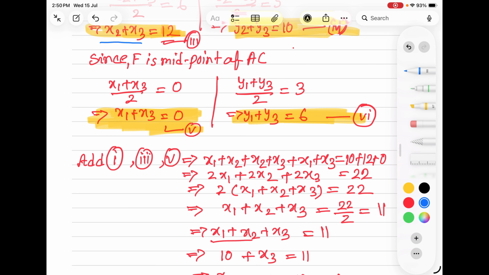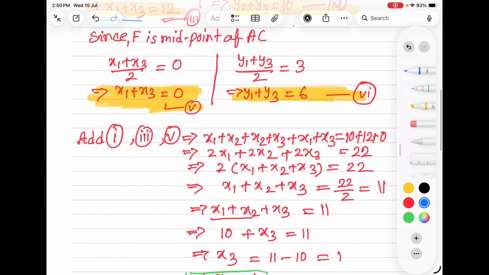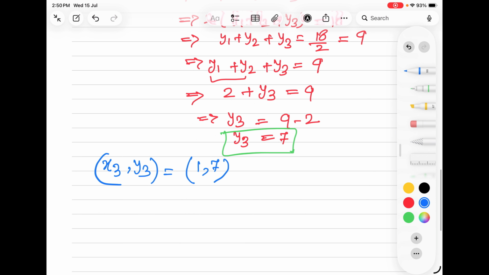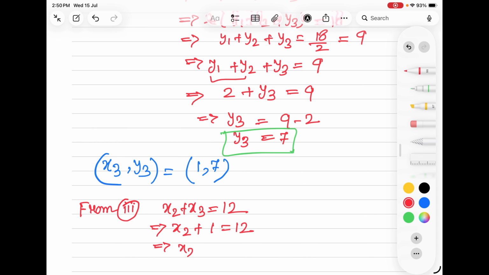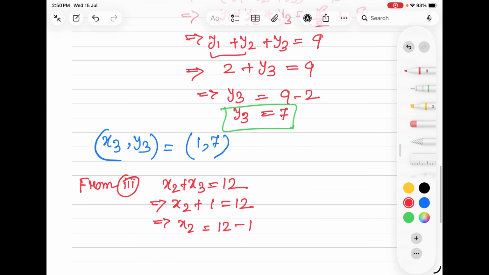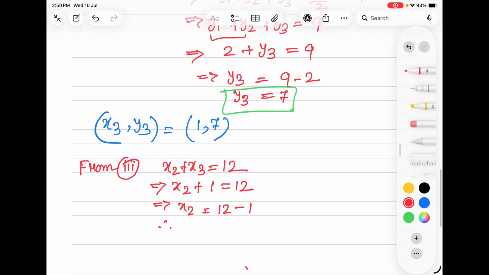So from equation 3, x2 plus x3 equals 12. Substitute the value of x3: x2 plus 1 equals 12. Therefore, x2 equals 12 minus 1, which is 11.